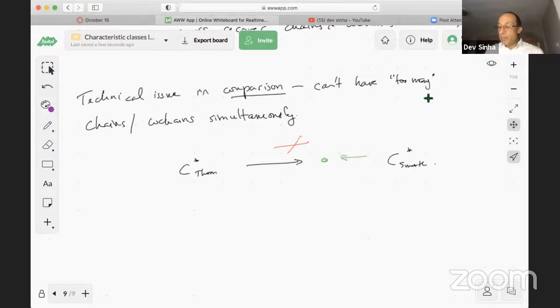So if S is a finite collection of manifolds, then inside the tome cochains, I could just look at the tome cochains of those manifolds.